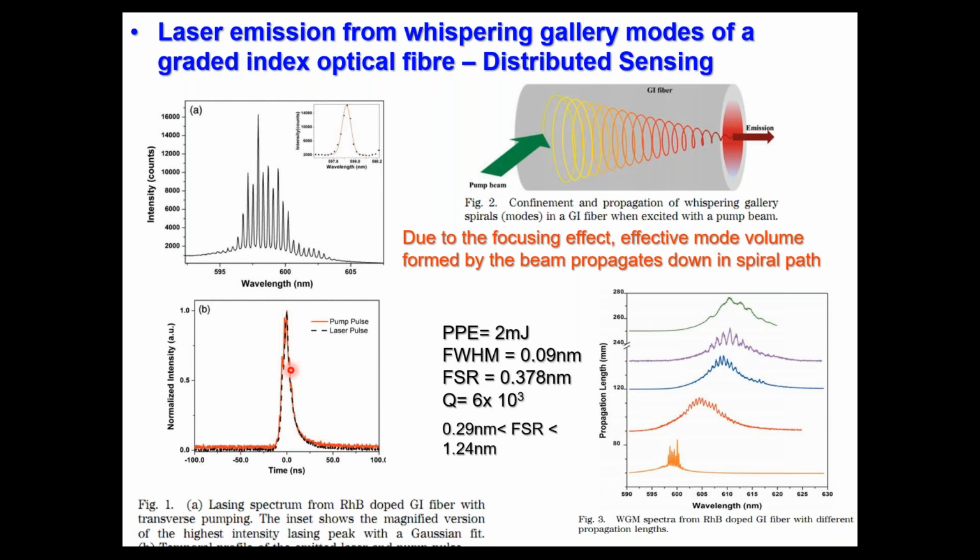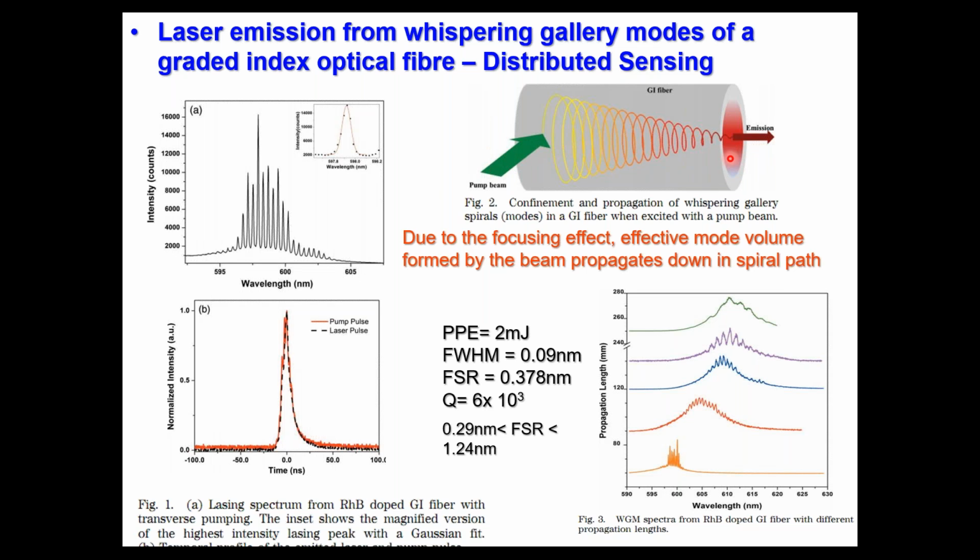One interesting result that we obtained was something like the whispering gallery modes available in a graded index structure. This is very interesting, because in this particular result what we observed was that the selected frequencies in a microcavity can be changed by simply changing the length of the fiber.